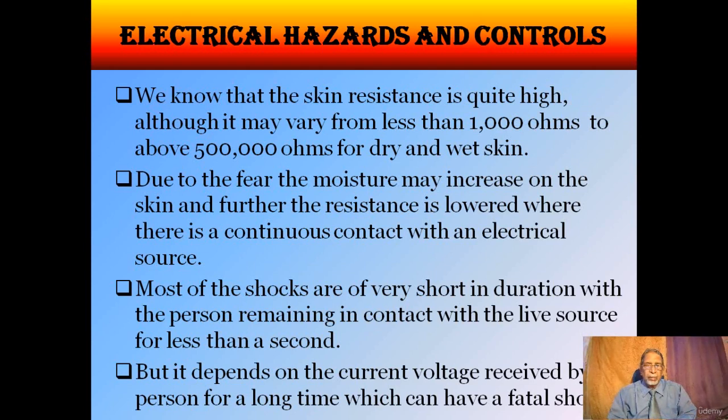Most shocks are very short in duration, with the person remaining in contact with the live source for less than a second. But a current received by the person for a long time can cause a fatal shock.